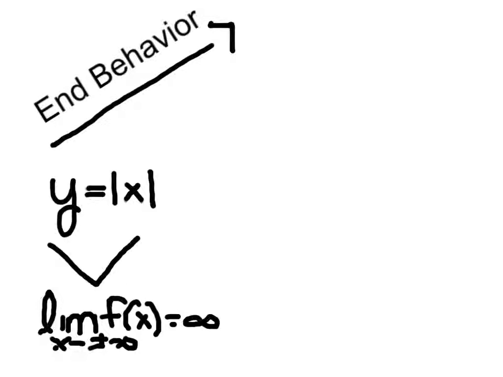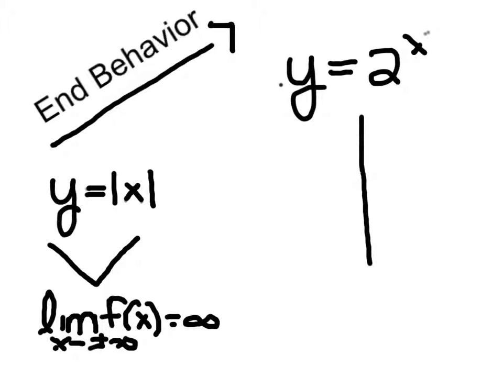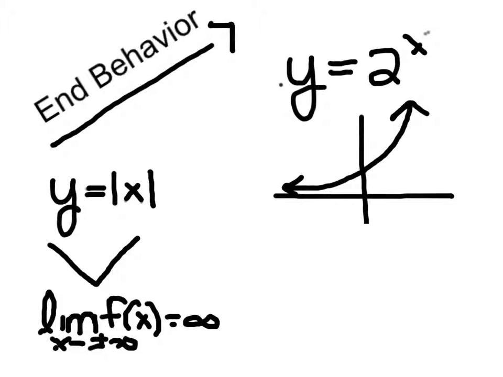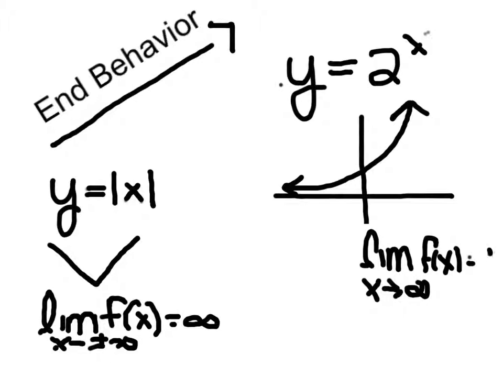But if you look at one of the graphs we've been doing recently, like an exponential graph, if you were to sketch that function, it looks like this. And so this graph is going to have two different limits. One is going to be as the graph approaches infinity, and to the right this graph is actually going up, so it's positive infinity.